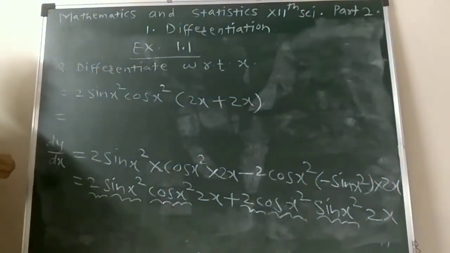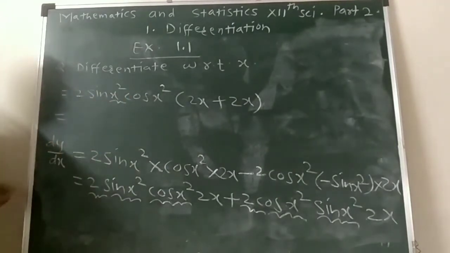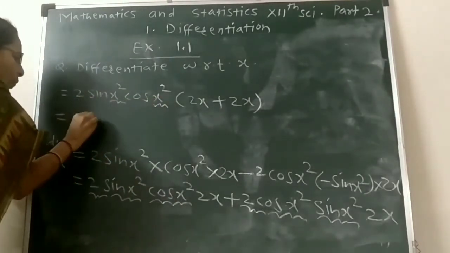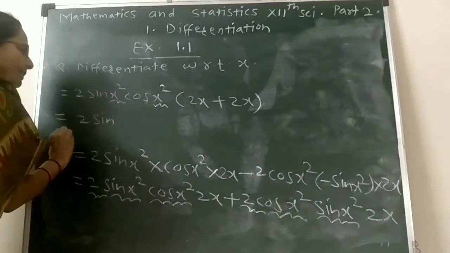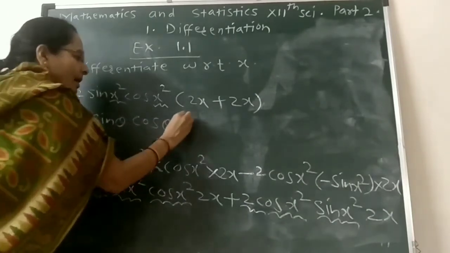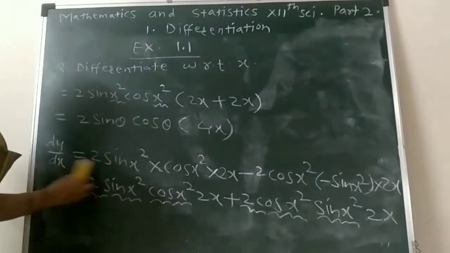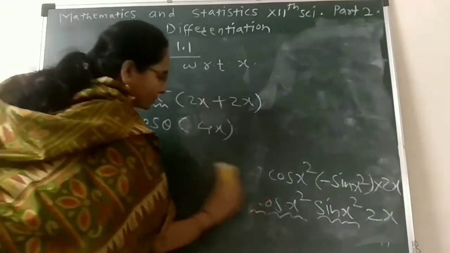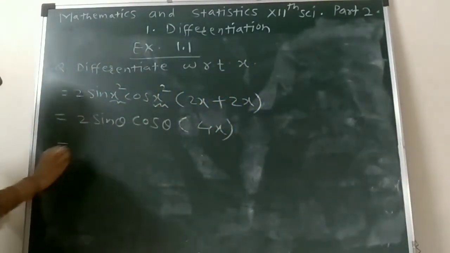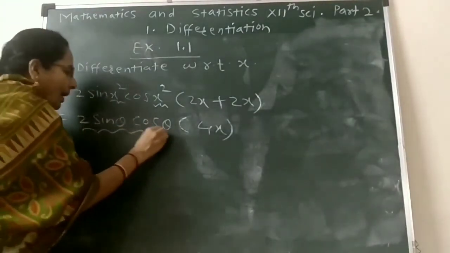Now suppose this x square is theta, so this is 2 sin theta cos theta, this is 4x. Sin theta cos theta is sin 2 theta.